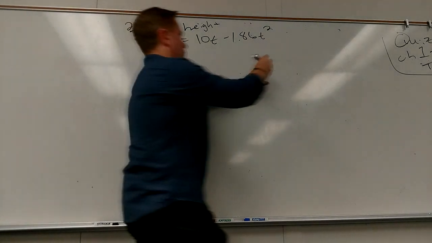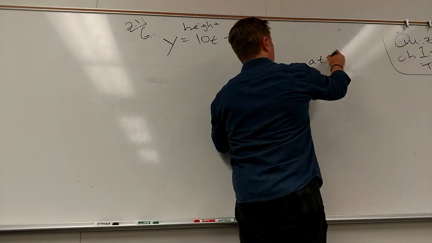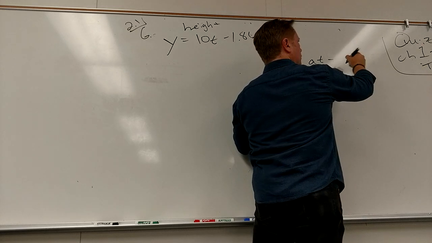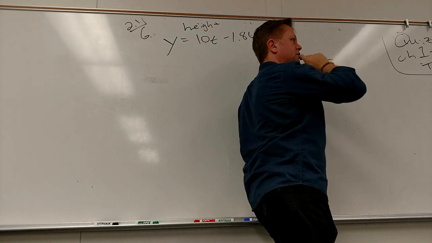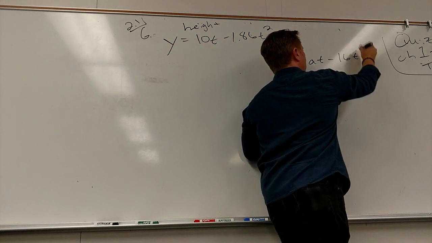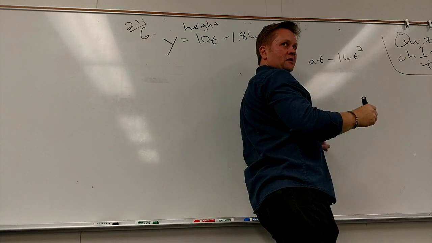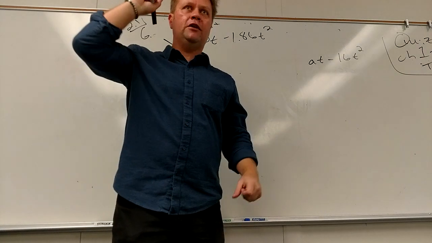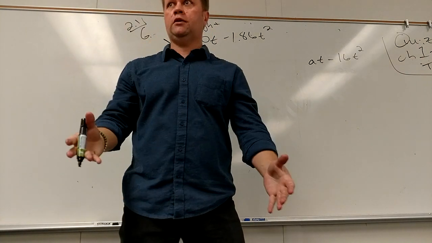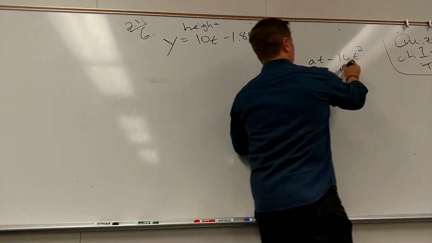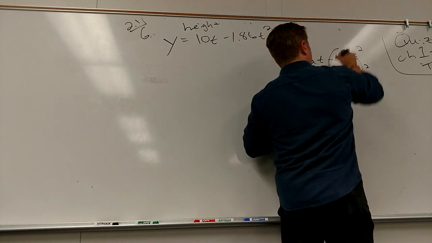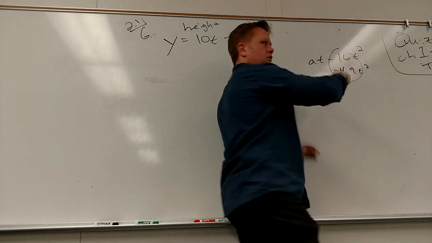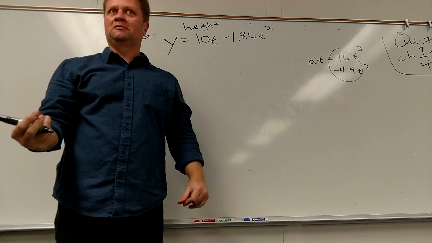On the Earth, it would be something t minus, if you do it in our units, 16 t squared. If you do it in metric, it would be 4.9. These numbers are related to gravity.